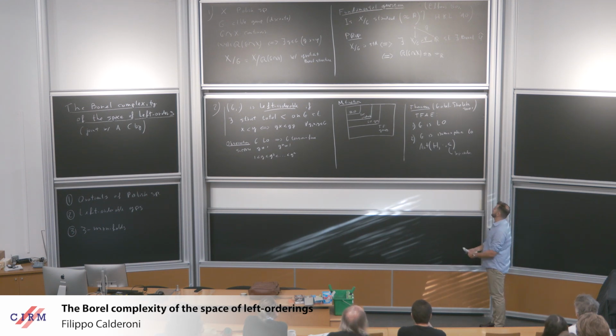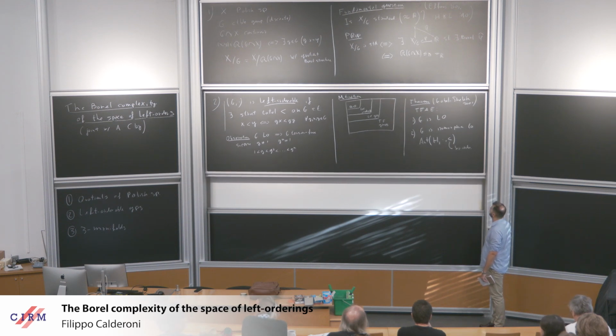No, it's not easy. You have to do some effort. You have to build a group that is... Well, if G is the automorphism group, yes, then you can define a left ordering.